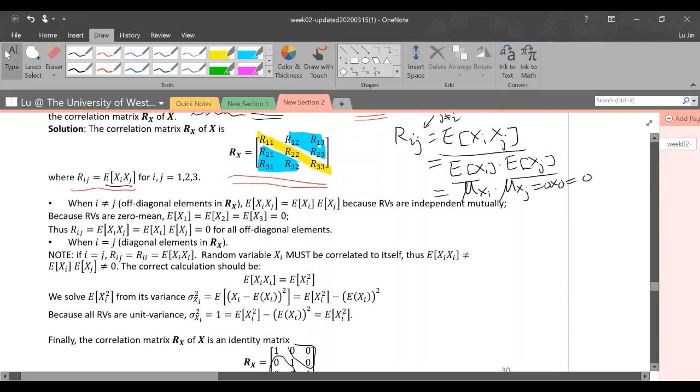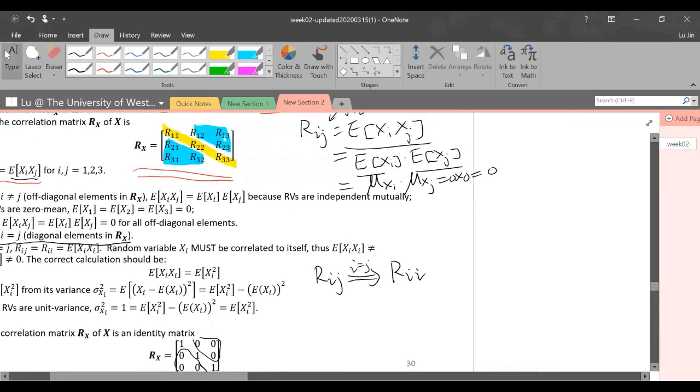The other group of elements are the diagonal elements, where i is equal to j. In other words, Rij with i equal to j gives us Rii, because j is equal to i. So Rij is changed to Rii. Rii is actually the expectation of xi times xi itself.